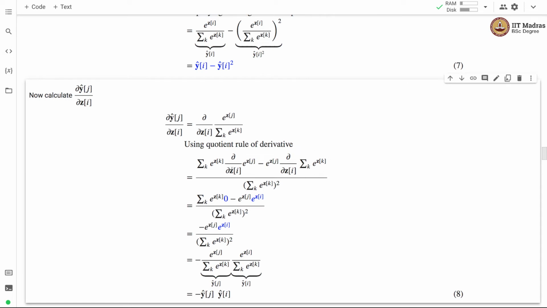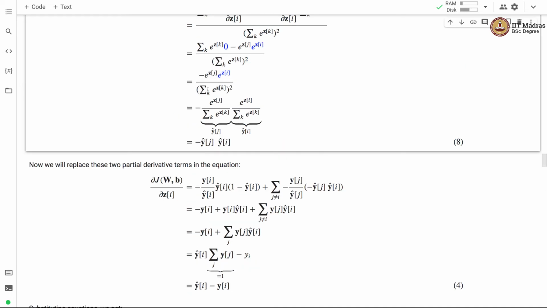Now here the partial derivative of exponential of zj with respect to zi is 0, and the partial derivative of this summation is exponential of zi. So this term becomes effectively 0, so we have minus exponential of zj into exponential of zi divided by the square of the sum of exponential of zk summed over all k.